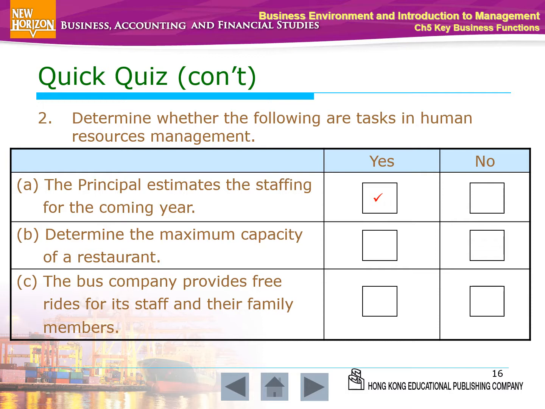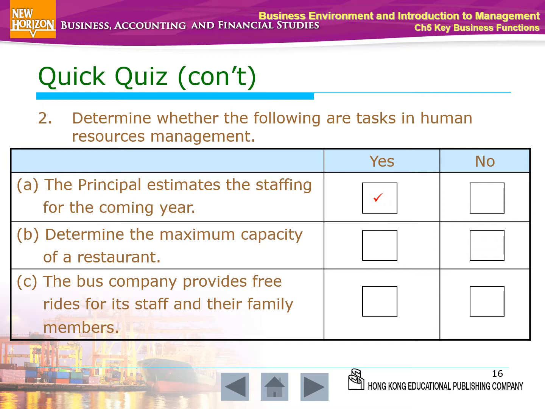Okay, number two, determine the maximum capacity of a restaurant. That means how many seats can be provided for the customers at the same time. It's not a job of the human resources management because it's not about human. It's about capacity. Do you know which function is related in this case? Maximum capacity. Which function?